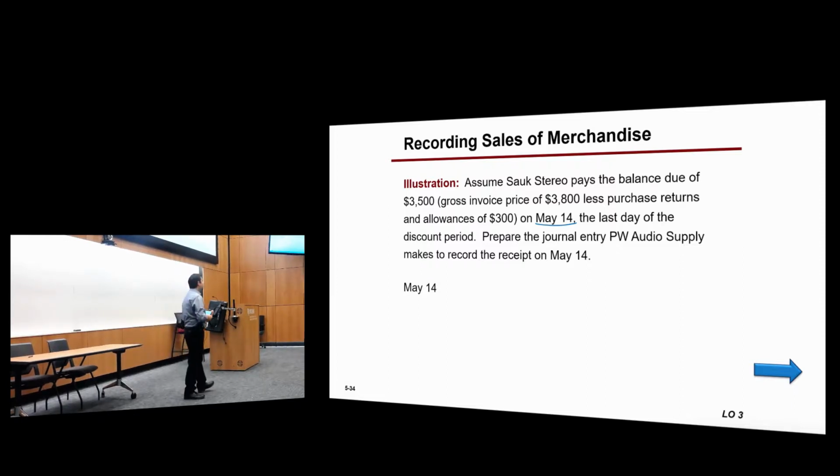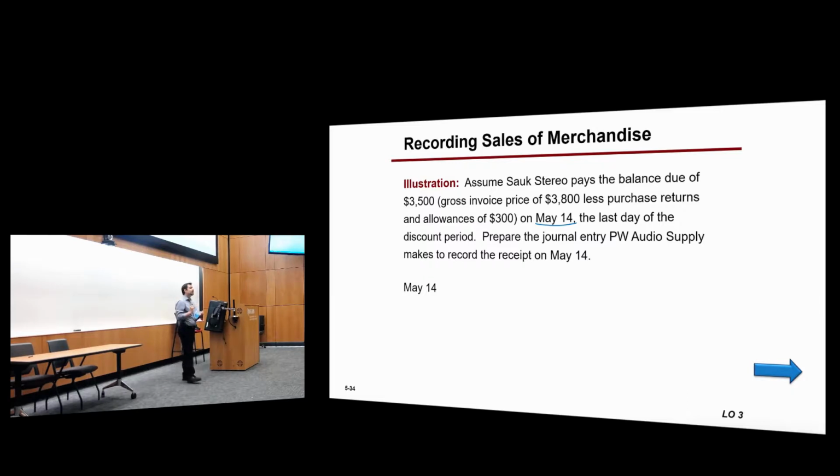How does the company record it? On May 14th, the buyer will receive a discount. Here we'll talk about the seller. One of the biggest difficulties in this chapter is to distinguish between a purchase and a sale.